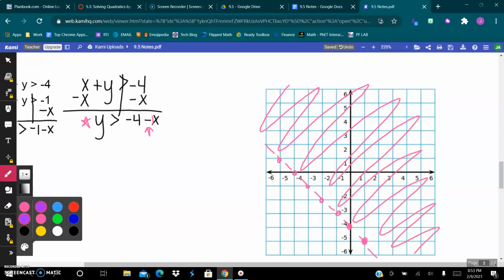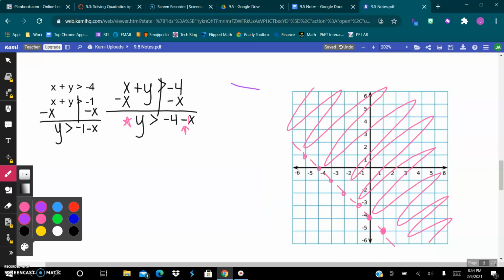Then our other equation here, -1 is my y-intercept. In front of the x is a minus sign again, so that means -1. So we're going to go down 1 and right 1. Put a few extra dots in both directions to make my line. Y is greater than, it's not equal to, there's no underline, so this is going to be a dotted line as well.